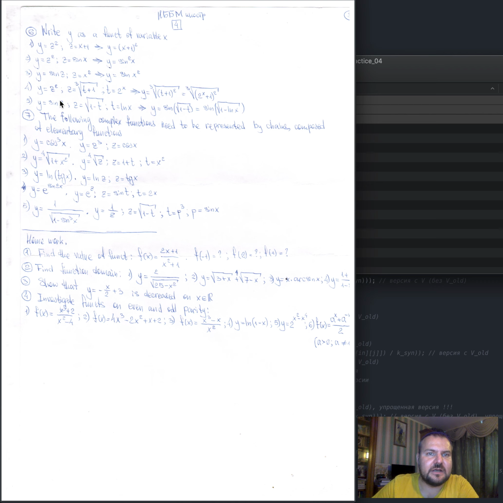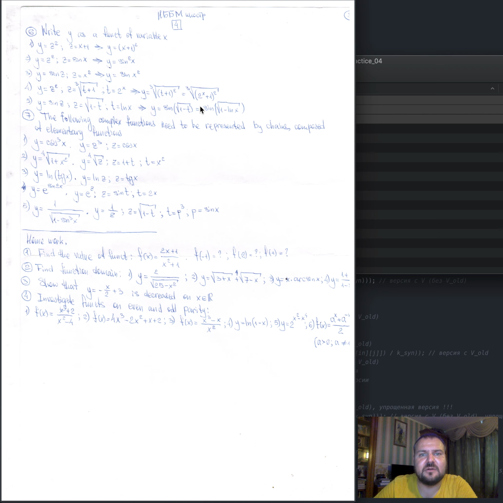Fourth, y is z squared, where z is the cubic root of t plus 1, where t equals 2 to the power x. And so we put 2 to the x as t, and the cubic root in z.